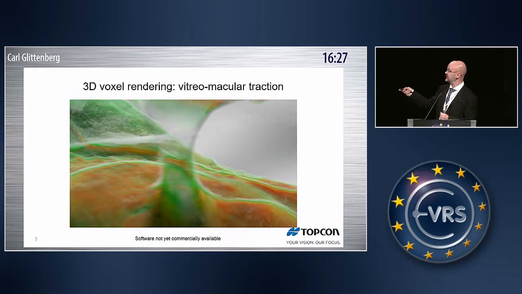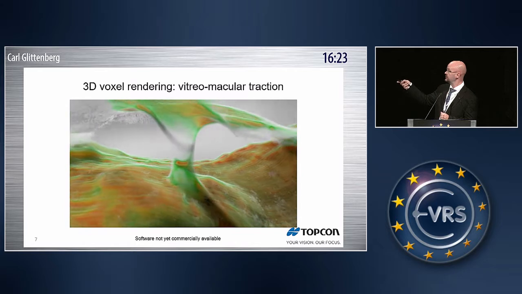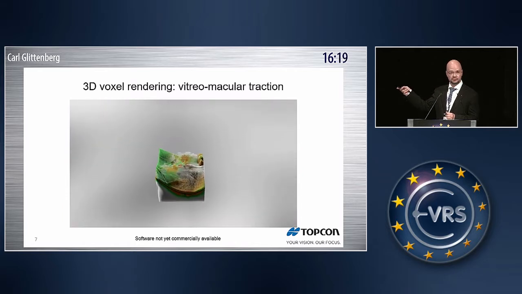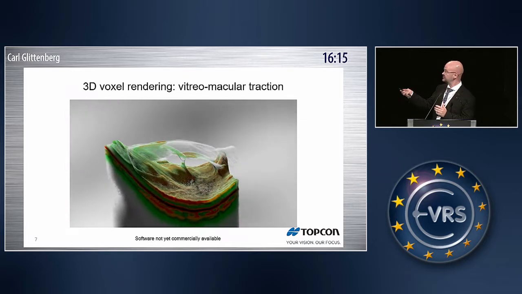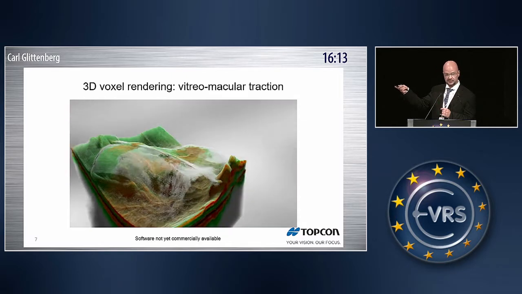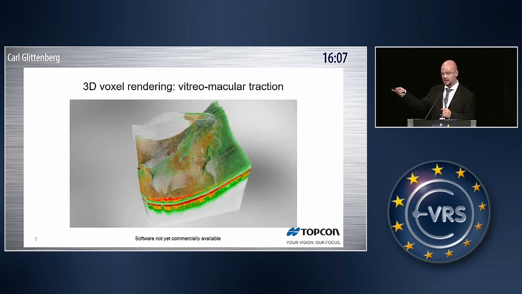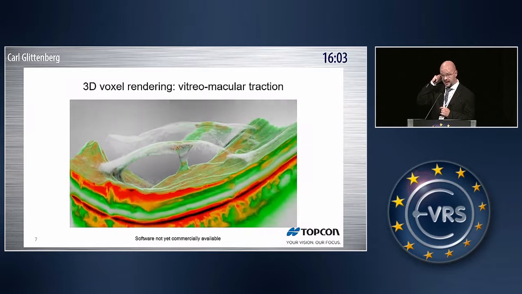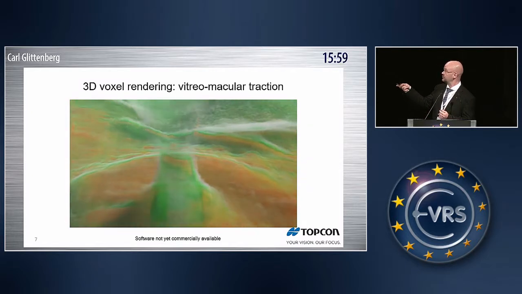Here you can see a vitreomacular traction syndrome. You can see the retina, and you can see the posterior hyaloid pulling up the retina. In the program that I wrote, I correlated the reflection intensity of the OCT scans directly to the transparency in the visualization, meaning that the less transparent it is, the higher the reflection in the A-scan.